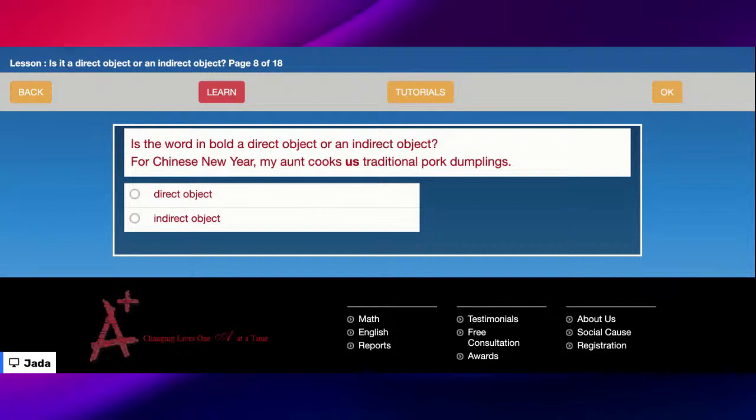For Chinese New Year, my aunt cooks us traditional pork dumplings. Is it direct object or indirect? What's the answer here? So, is this direct or indirect? So, what's the answer for this one?